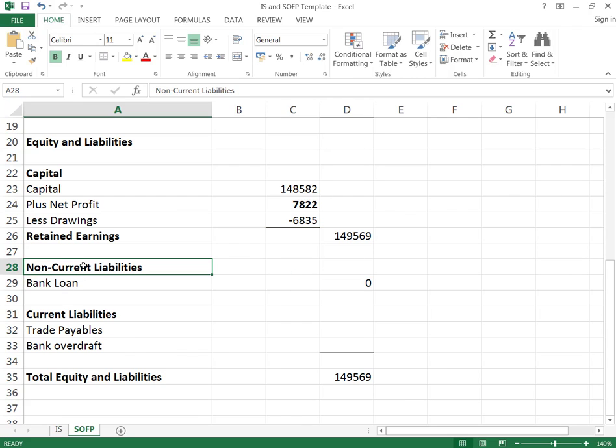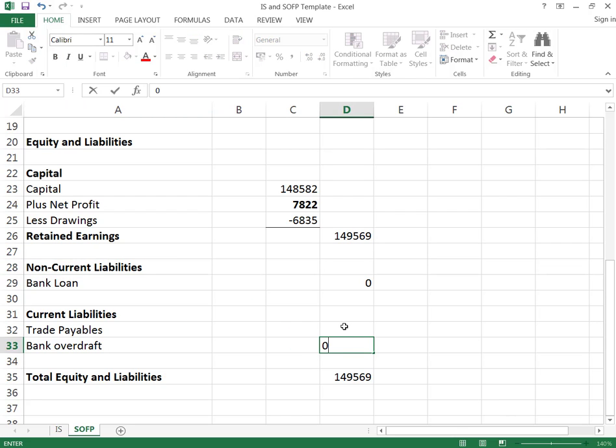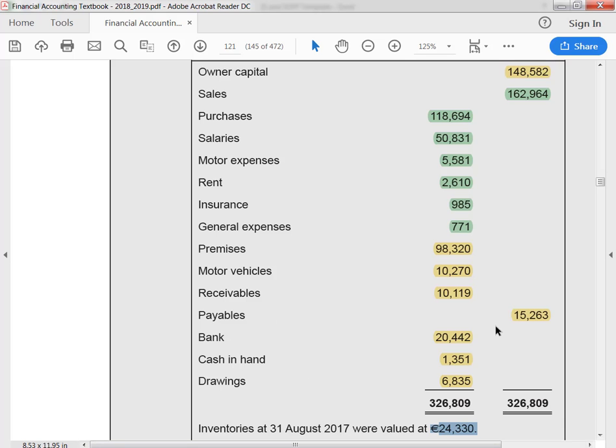But you might have some other non-current liabilities, so liabilities you intend to pay outside of 12 months. Do we have a bank overdraft? No, we don't. We'll put a 0 in there. But we do have trade payables, and just popping back, our payables were 15263.